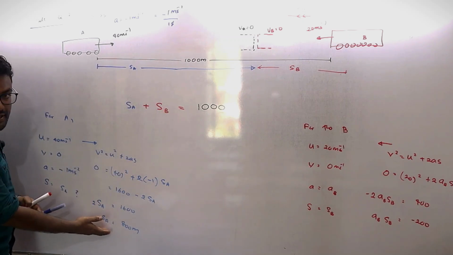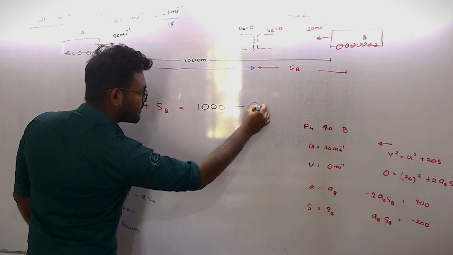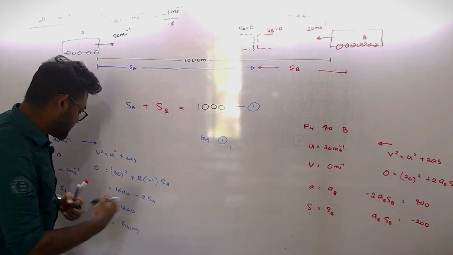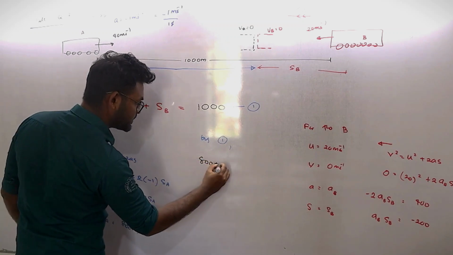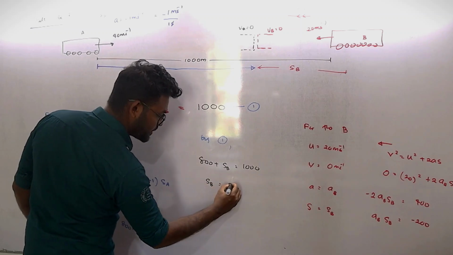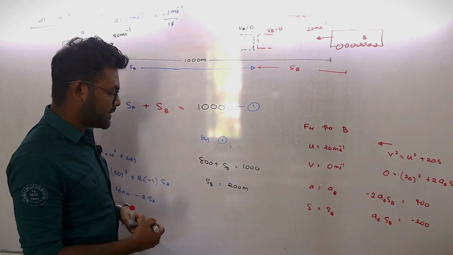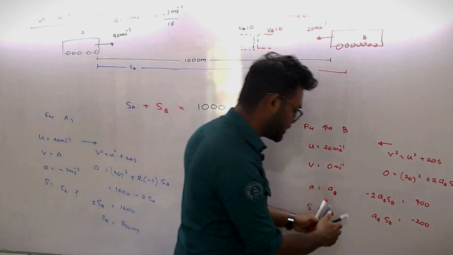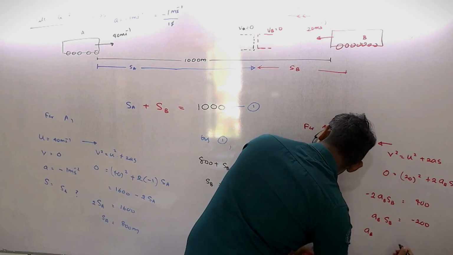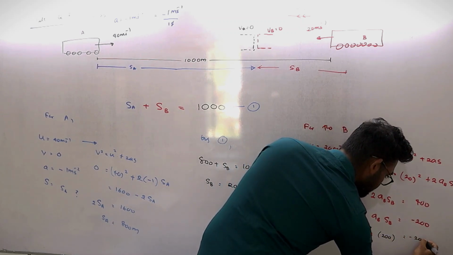Already we know the SA. So by this one, I can put it 1 by 1. I can write, okay, this is 800 plus SB equals 1000. So SB here is going to be 200 meters, 1000 minus 800. Applying it to here, I'm going to have AB equals 200 over minus 200.